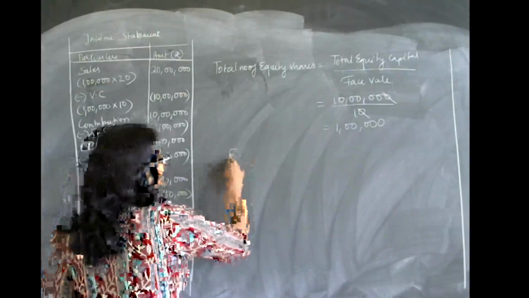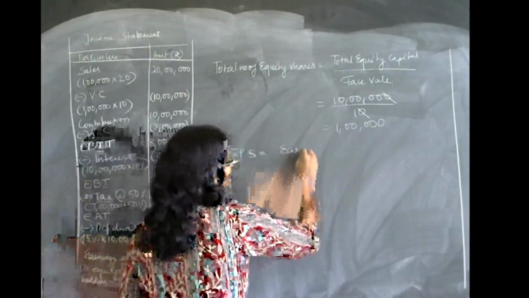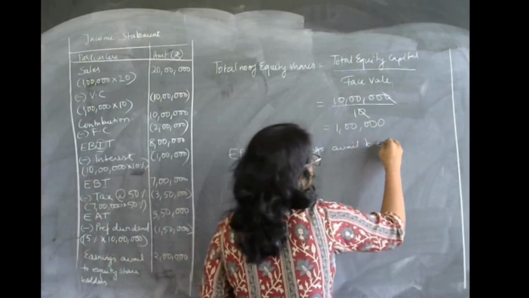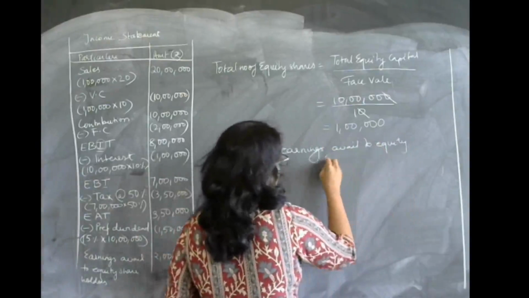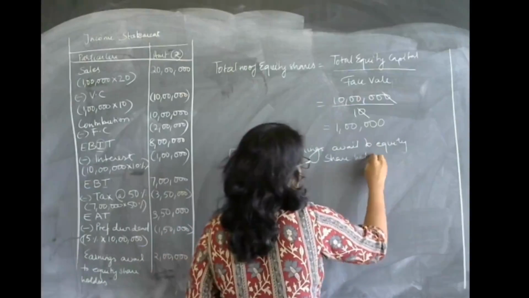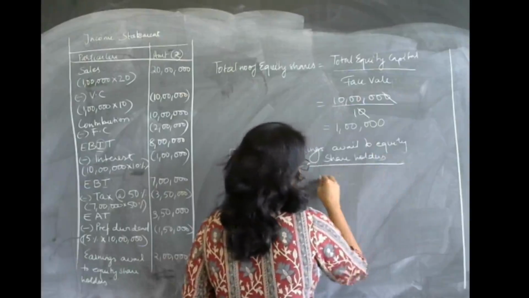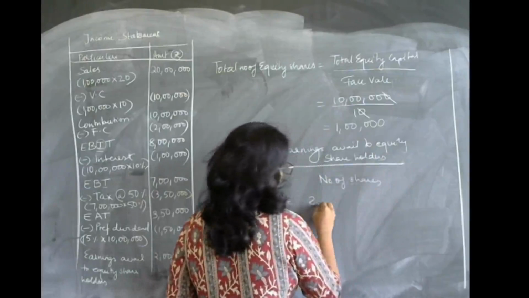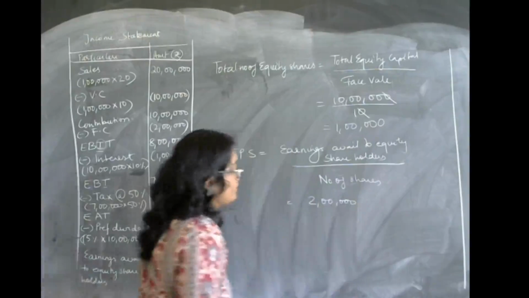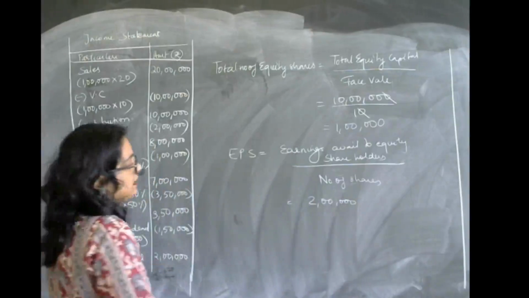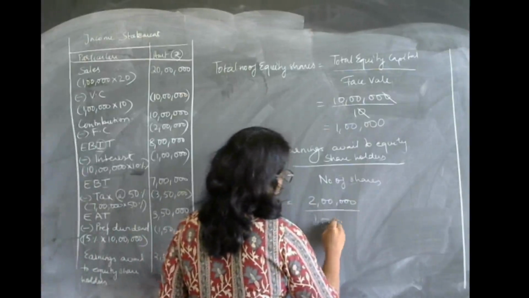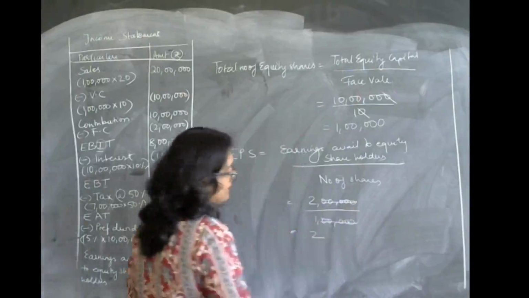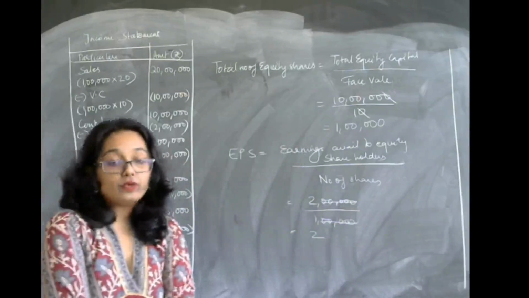So EPS is equal to earnings available to equity shareholders divided by number of shares. Earnings available to equity shareholders is 2 lakhs. And the number of equity shares is how much? 1 lakh. So how much is the EPS? EPS is 2.